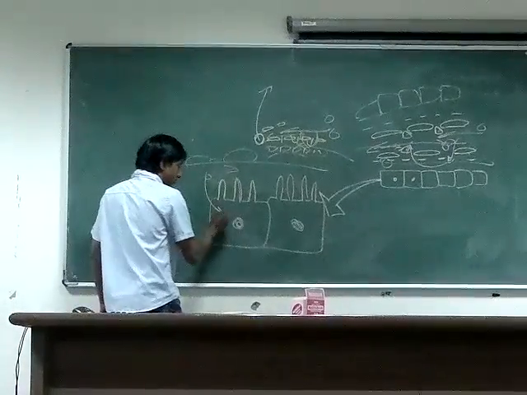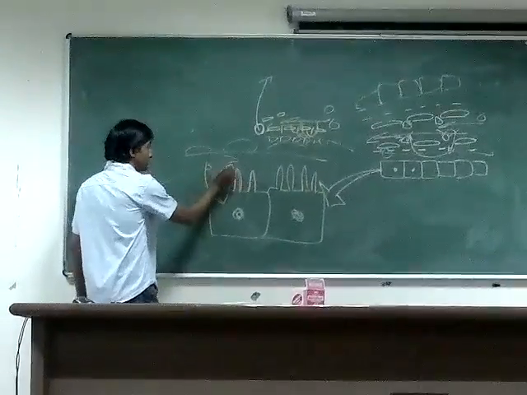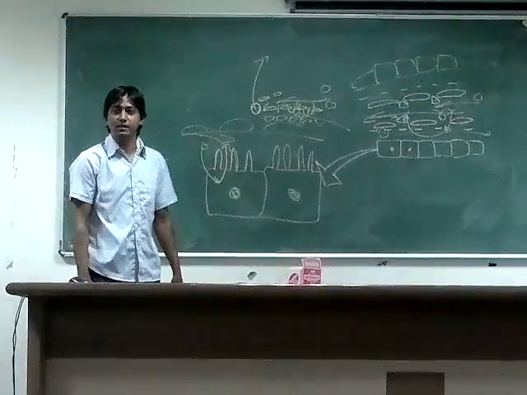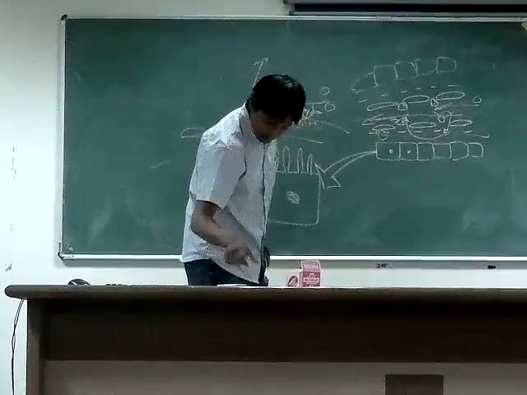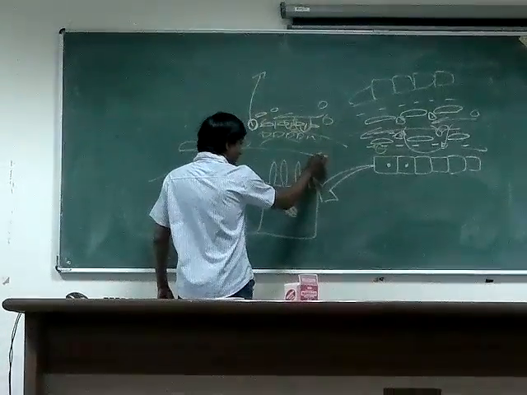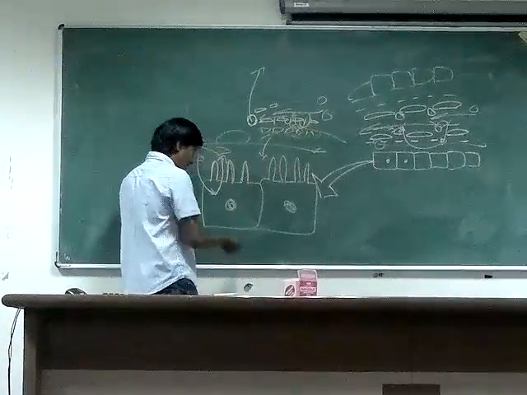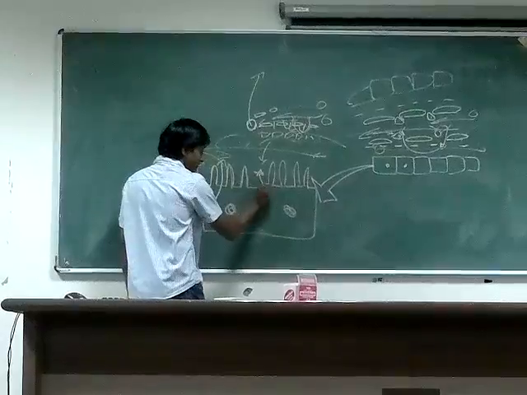Then it enters the space of Disse again and from there goes to the blood in the circulation.